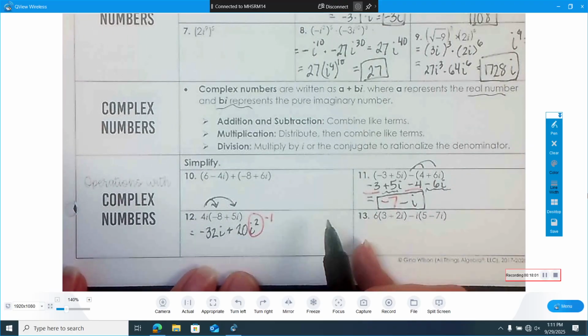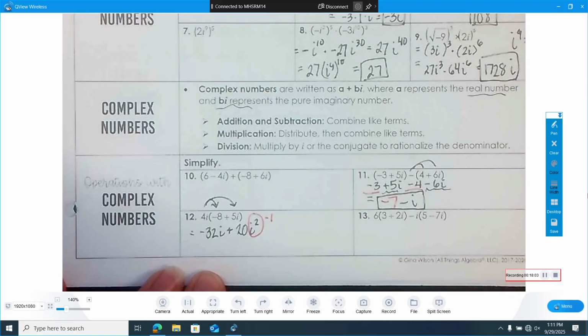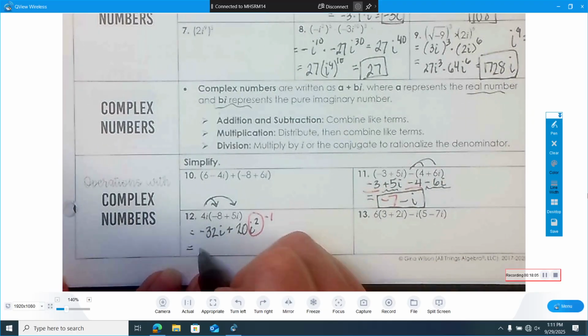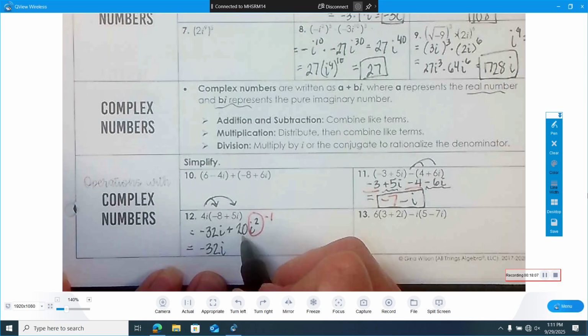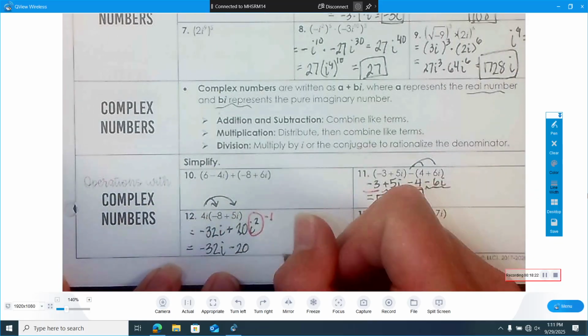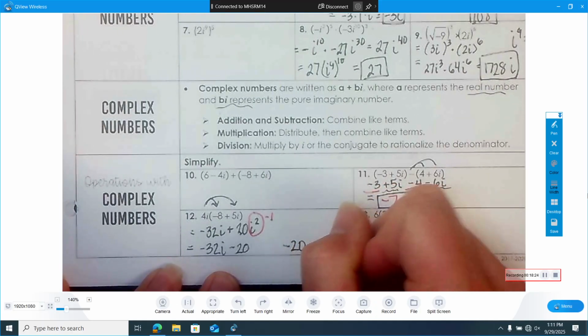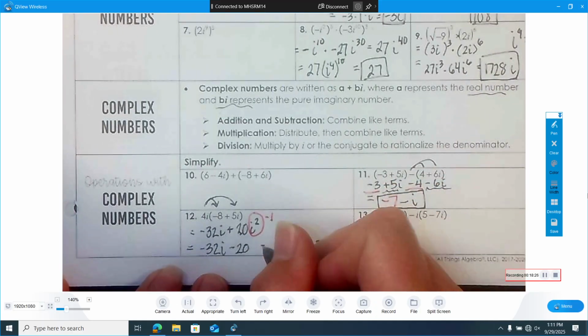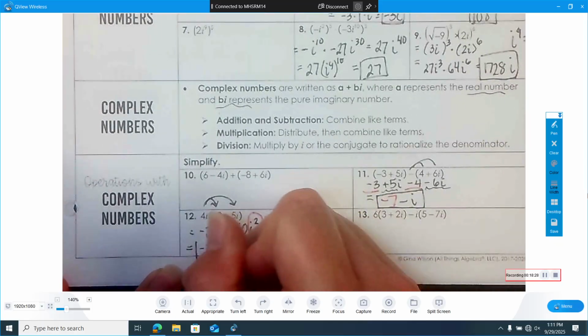Anytime you have that i squared, you've got to make sure you clean it up. So this becomes negative 32i, and then 20 times negative 1 becomes negative 20. Is this an okay form to leave it in? Yeah, it's fine. Is it in standard complex number form? No. Negative 20 minus 32i is also acceptable. Either one of those is totally fine.